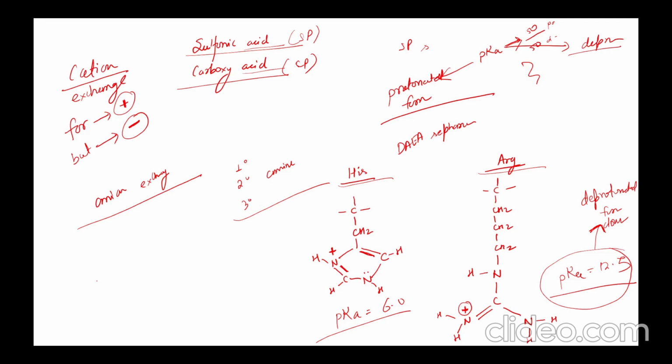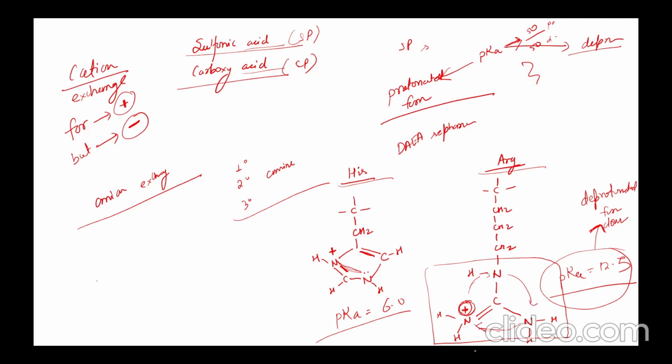So if we see the pKa values of arginine and histidine, here also you'll see the resonance. This is a guanidine group in the arginine, where the delocalization of charge happens on all 3 nitrogens.